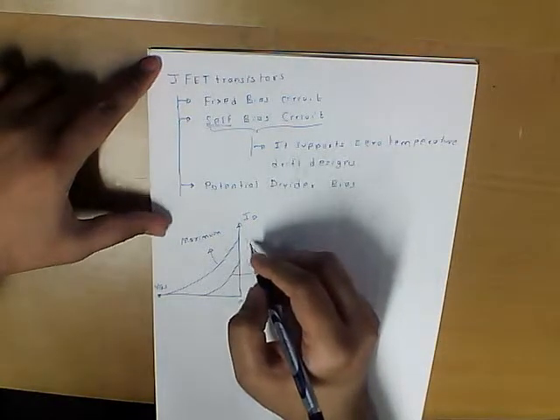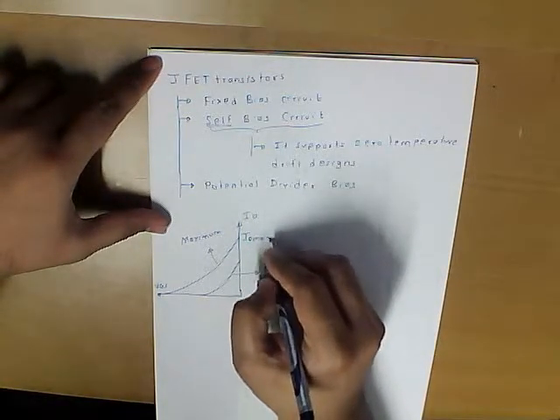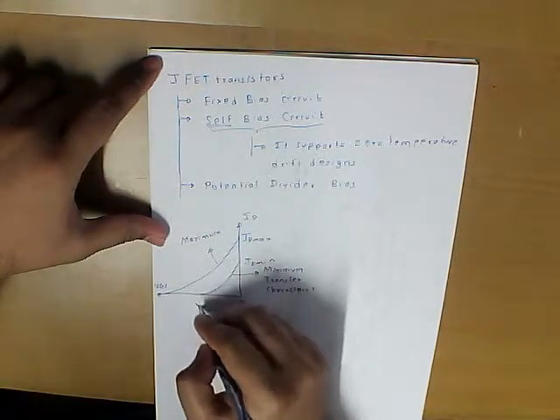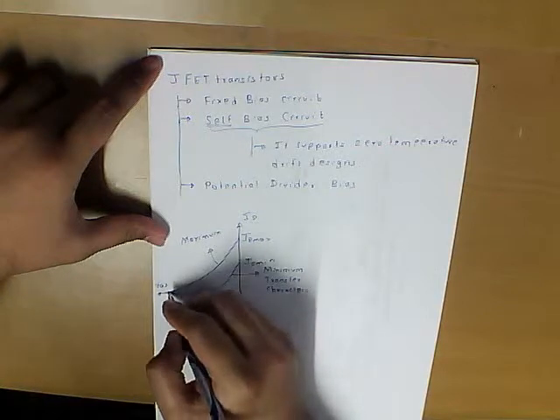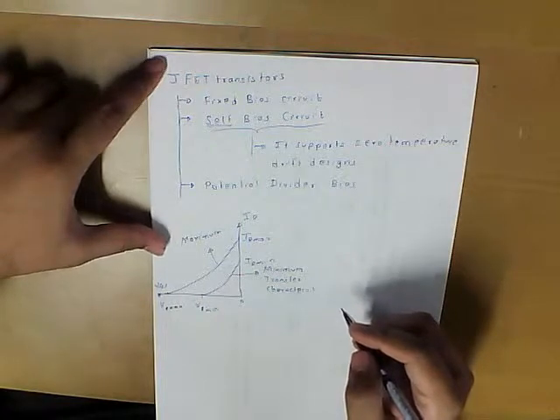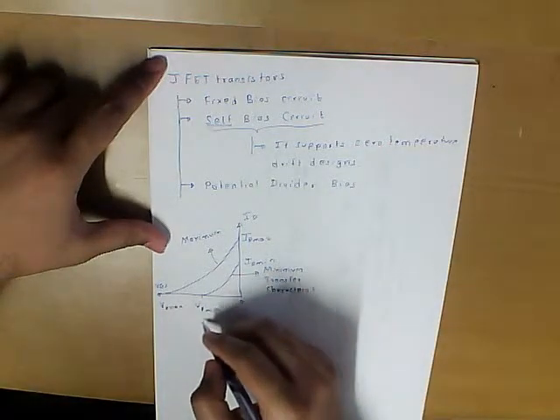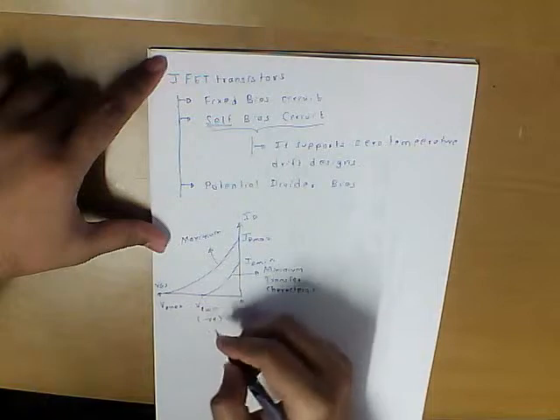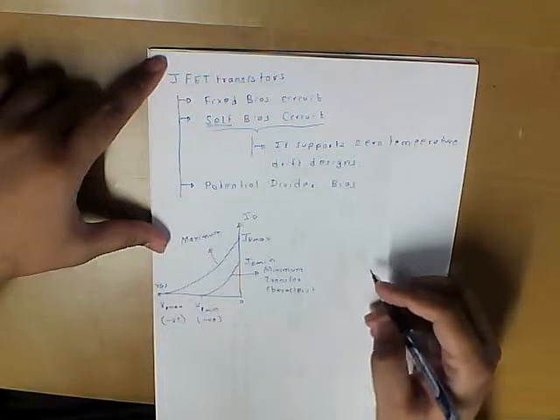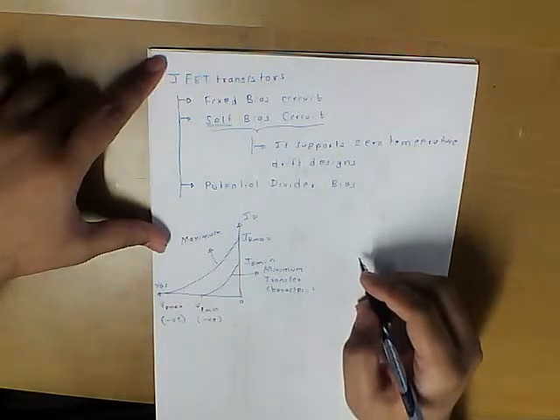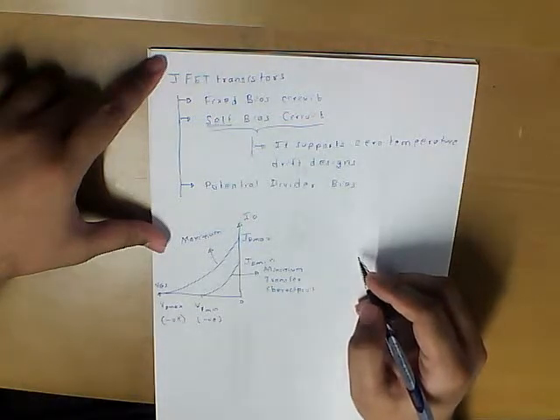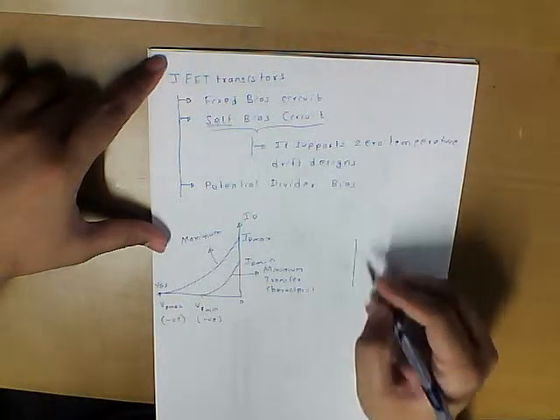Corresponding to minimum and maximum, we have ID max and ID min, and what you have here is VP min and VP max. So VP min and VP max are your pinch off voltages, and they are negative. Obviously when we talk about a JFET, the pinch off voltages or the values of VGS will always be negative. If VGS becomes positive, then you lose control over the gate.